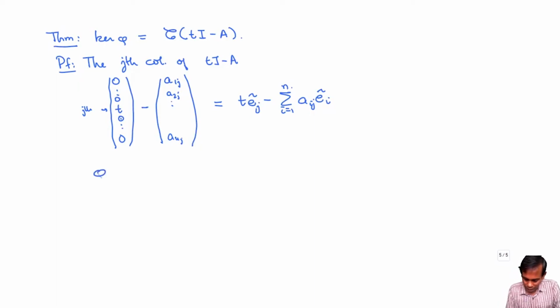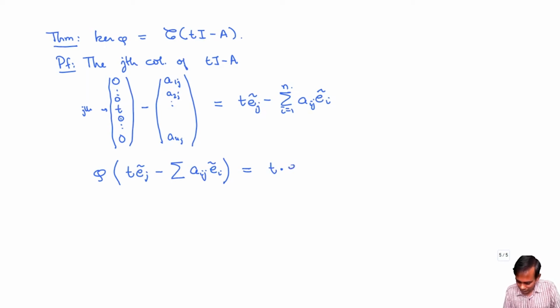So let's apply phi to this column. We get phi of t ej tilde minus the sum of aij ei tilde. And now let's use the fact that phi is an F[t] module homomorphism. So you will get the action of t on phi of ej tilde. So phi was defined by taking ej tilde to ej. So this becomes t acting on ej minus the sum over i of aij, and ei tilde goes to ei.